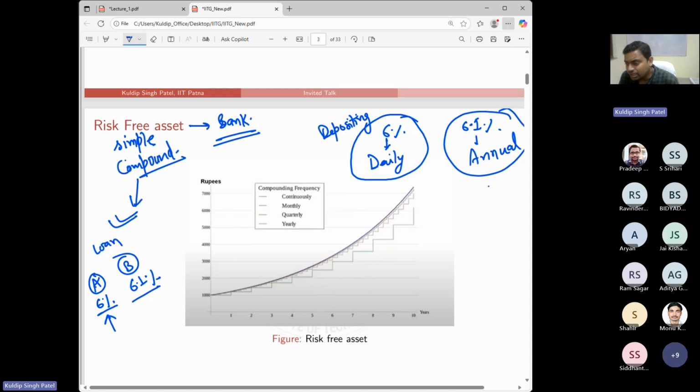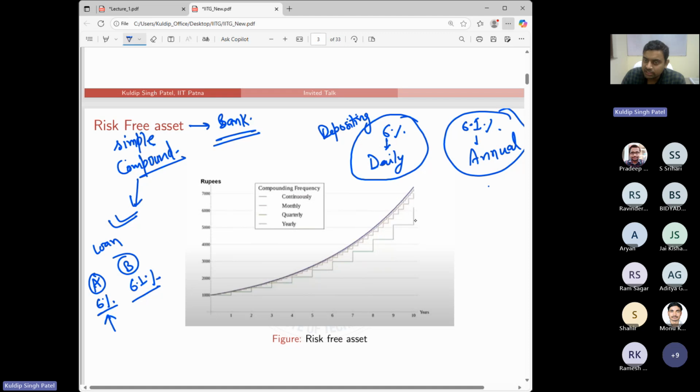So now, in which case we are going to get the maximum amount? Anyone? In which case, if we want to deposit some money in the bank, in which case we are going to get the maximum amount? Continuous compounding.